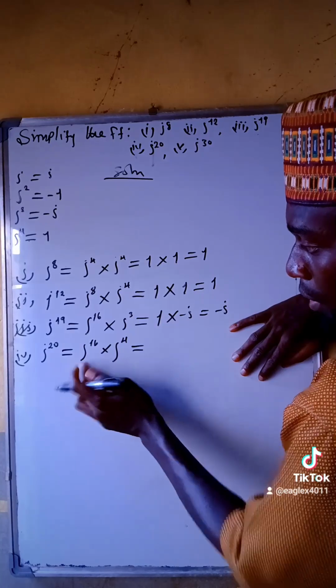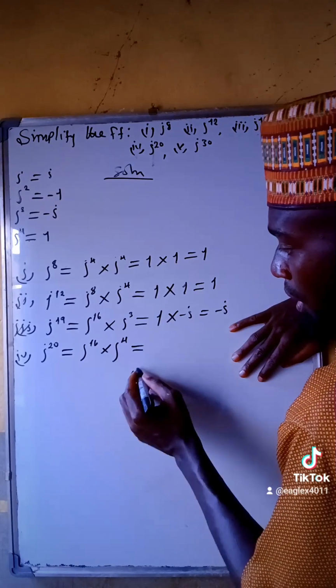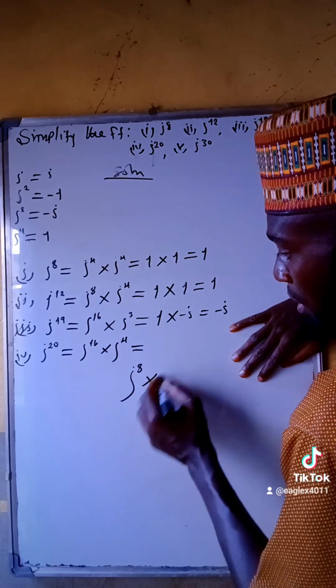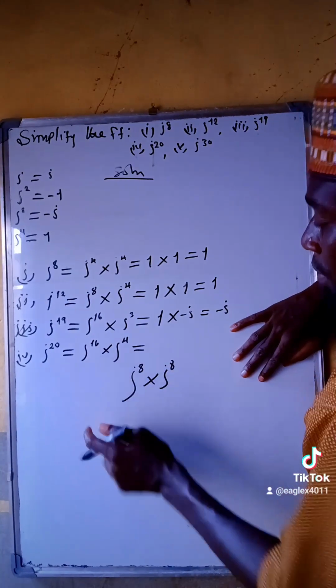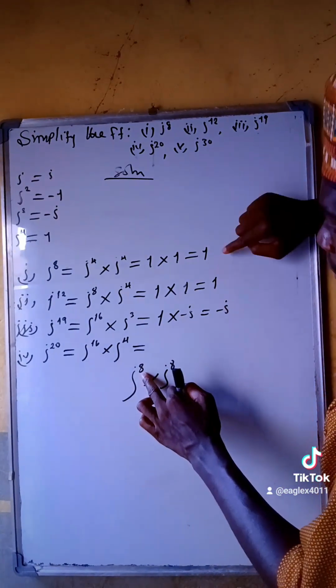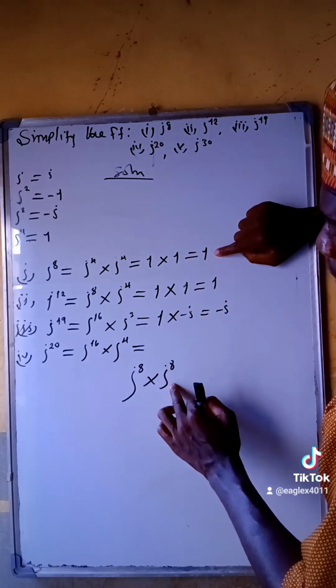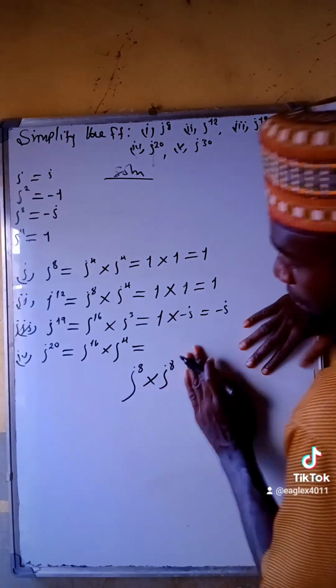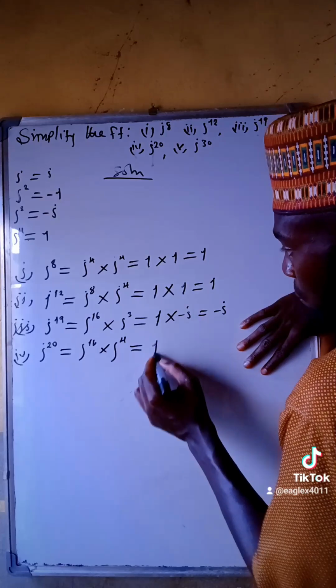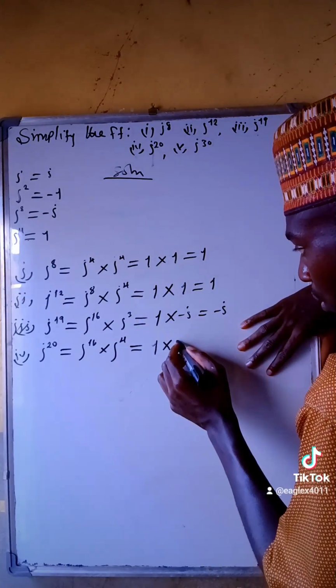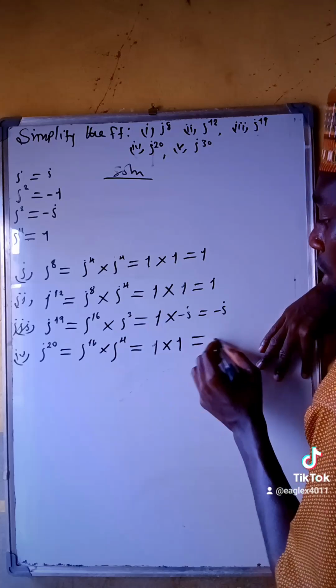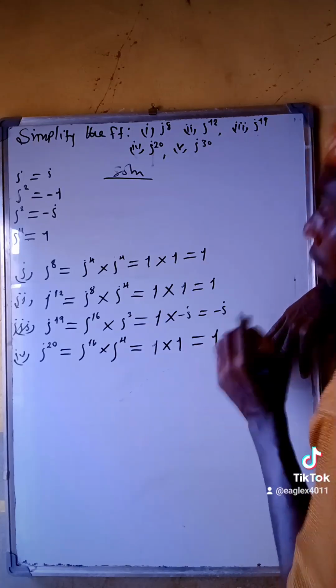Therefore, i raised to the power of 16 is the same thing as i to the power of 8 multiplied by i to the power of 8, which gives us 16. But i to the power of 8 is 1, so 1 times 1 is 1. Then we write 1 multiplied by i raised to the power of 4, which is 1. Then 1 times 1 gives us 1.